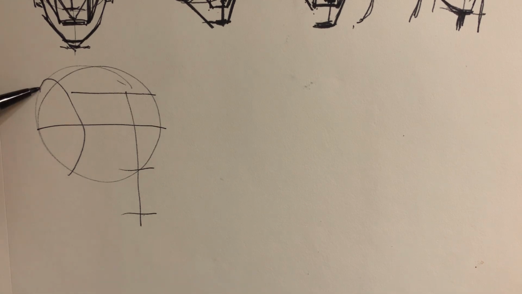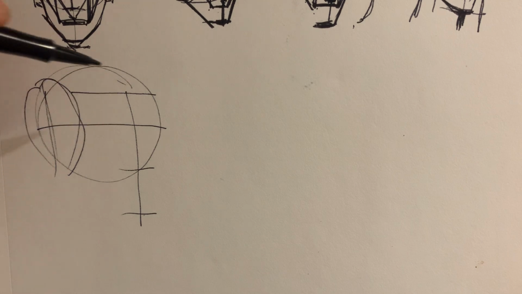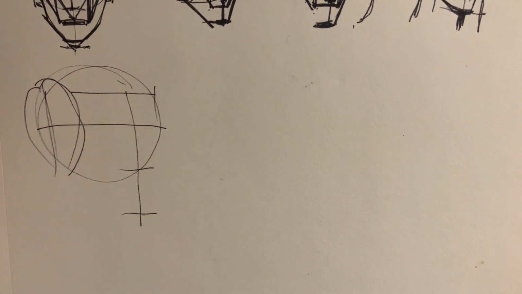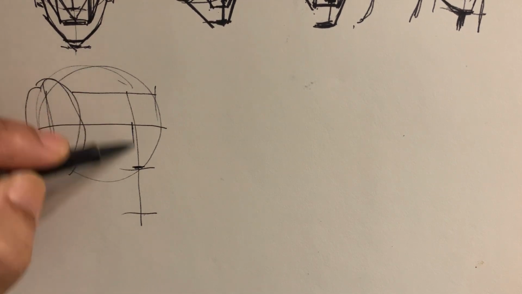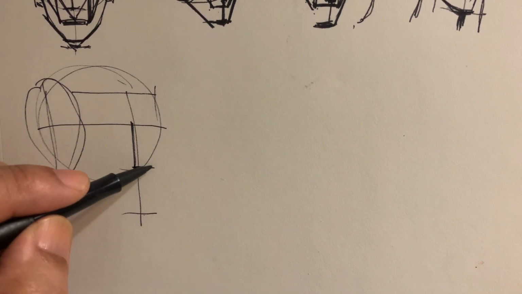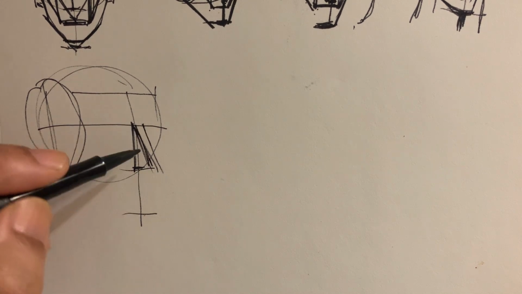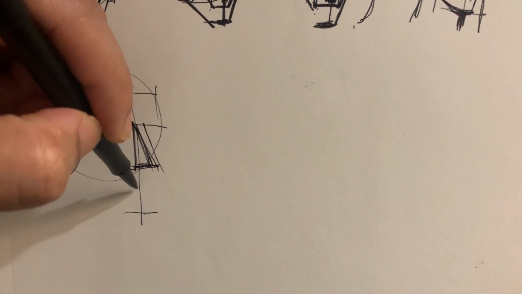Okay. So just from this, you know that, again from the 3/4 view, that's actually where the nose is attached to the face. Then you know where the mouth will go.